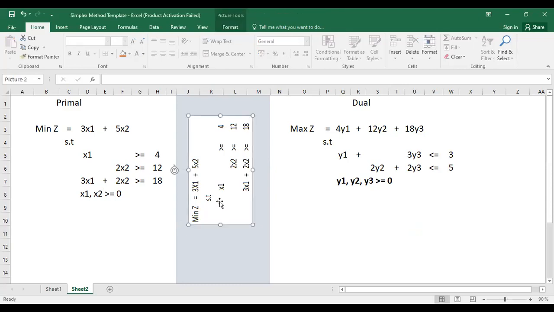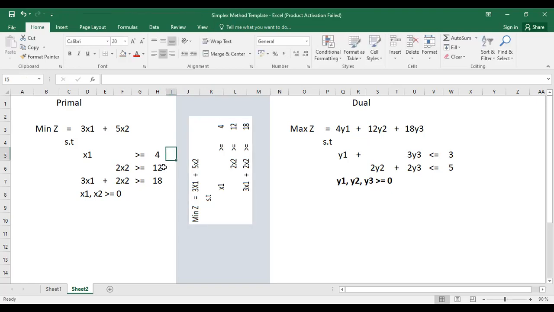I have this picture, which has been rotated. When you take the constraints here, there are 3 constraints. So we'll say that the first constraint is Y1. The second constraint, Y2. The third constraint, Y3.